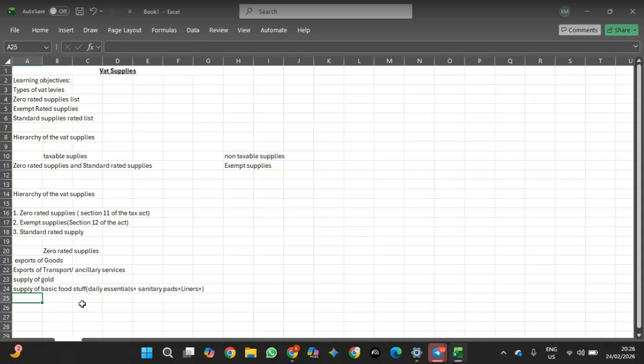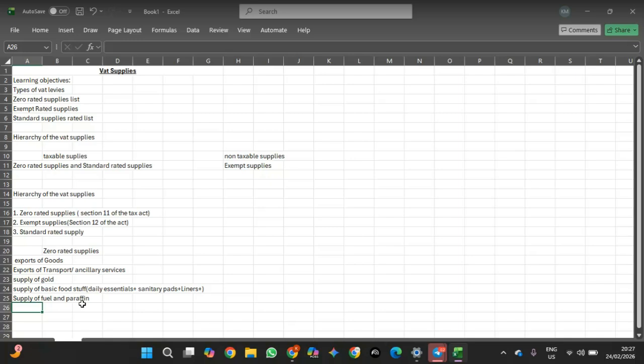And then what else do we have? Also, we have the supply of fuel and paraffin, or you can call it illuminating kerosene, that's up to you. The main reason for zero-rating fuel and paraffin is that there's already a fuel levy charged on the petrol and stuff like that.